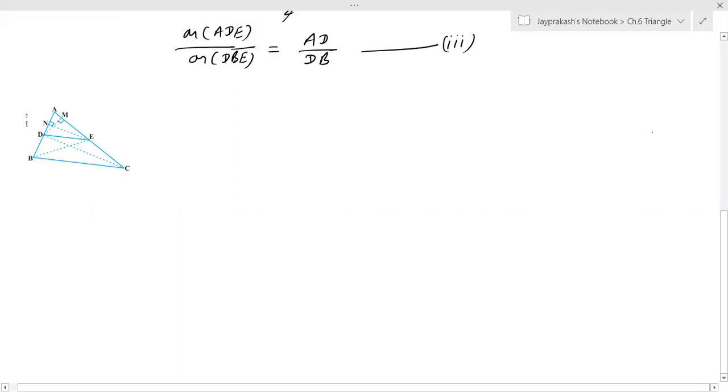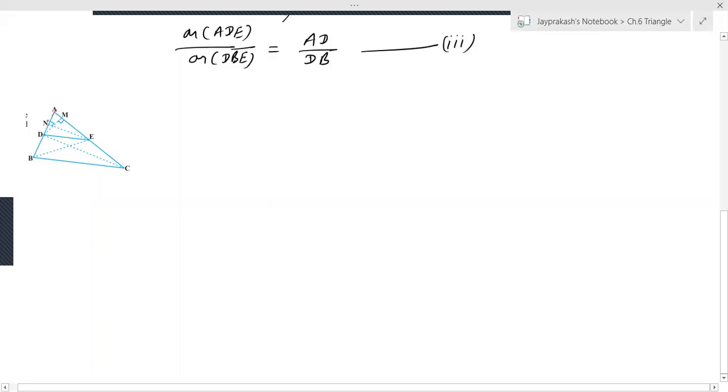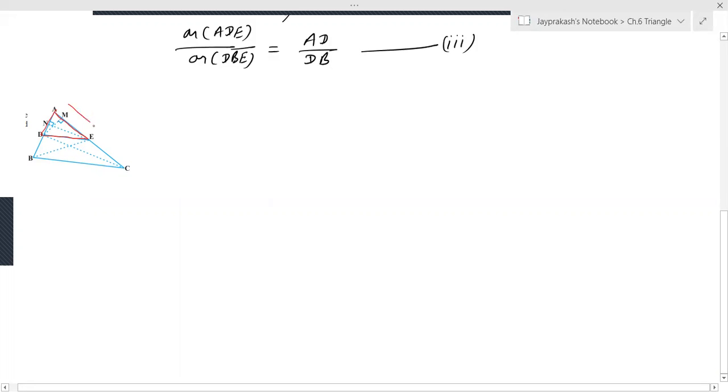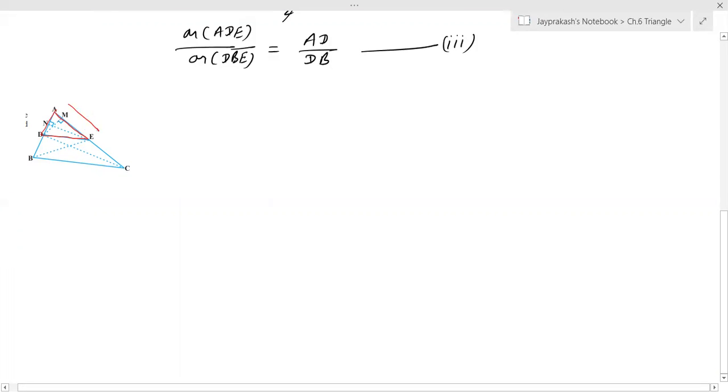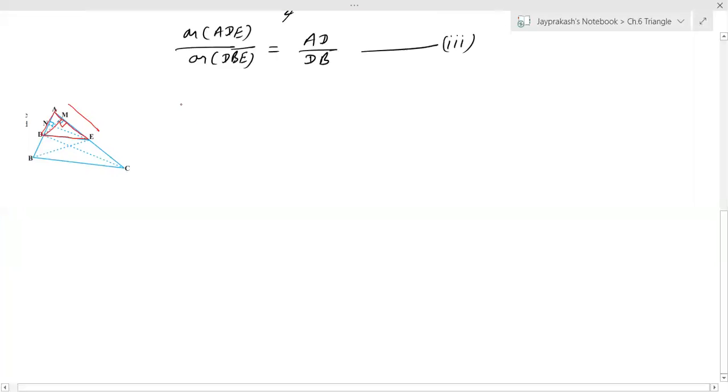Now we want to find another ratio of the areas of the triangles. So again we will find the area of triangle ADE. But the difference from the previous one is that we will use the base AE. So on the base AE, there is a height or altitude DM. This one is the altitude.